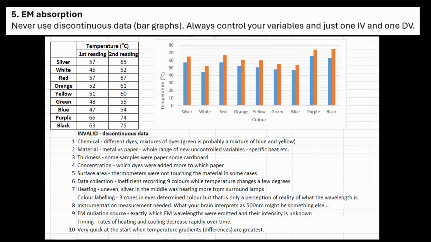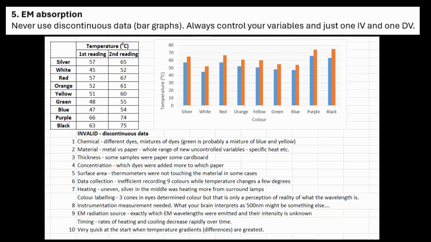And also the rate of heating and cooling rapidly increases and decreases at the very start, usually because the temperature differences are greatest. So it's a curve. So really good for an invalid experiment, this one. I can't think of a better one. All of those things are super significant. But if you're just trying to prove electromagnetic radiation heats things up, we're all good.